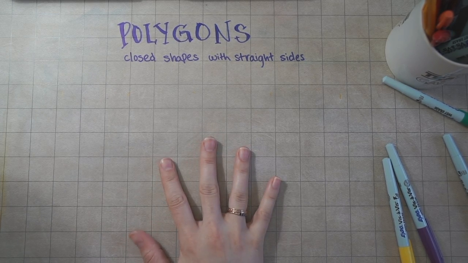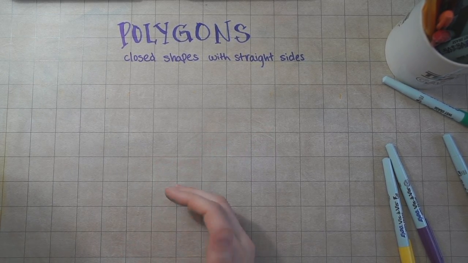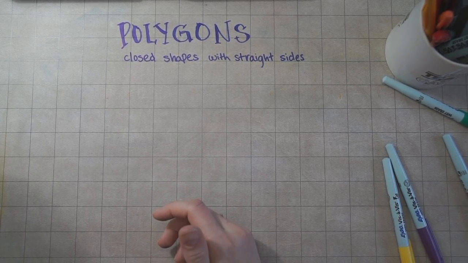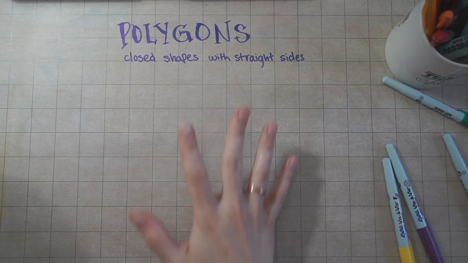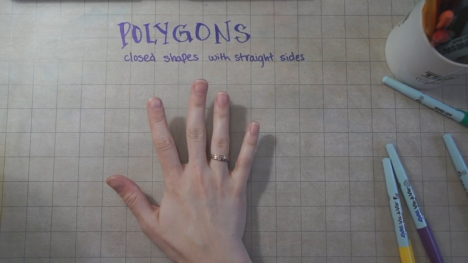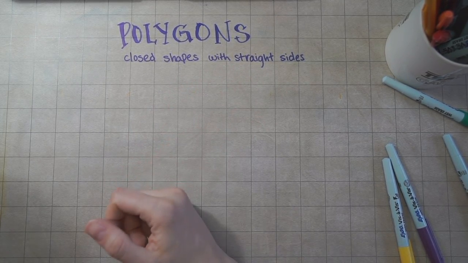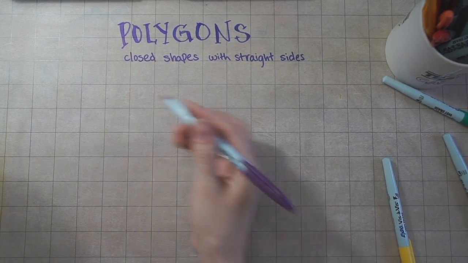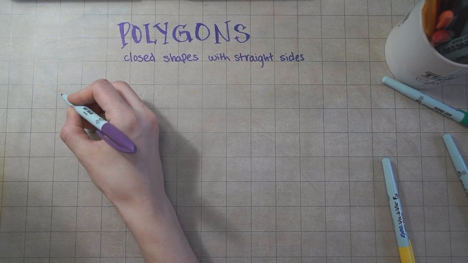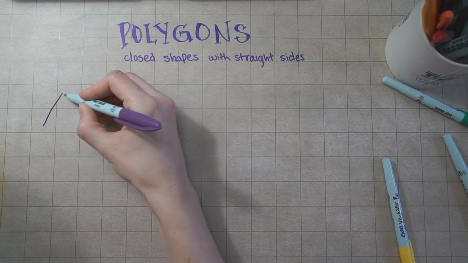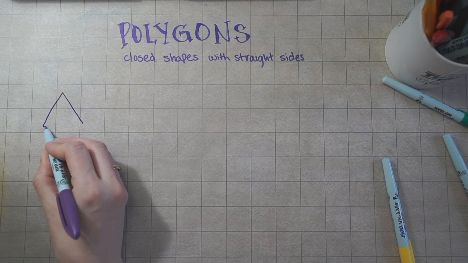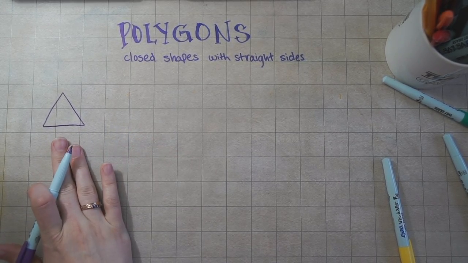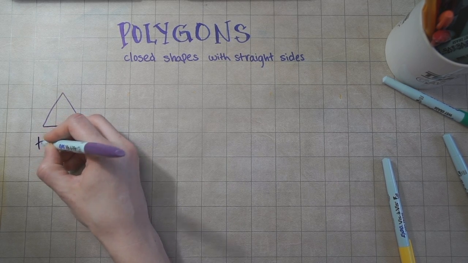In the polygon family, you can divide it into even more groups. These groups are organized by how many sides they have. But remember, they're all still going to be polygons because they're all closed shapes with straight sides. In the polygon family, we have the triangles. These all have three sides in the triangle family.